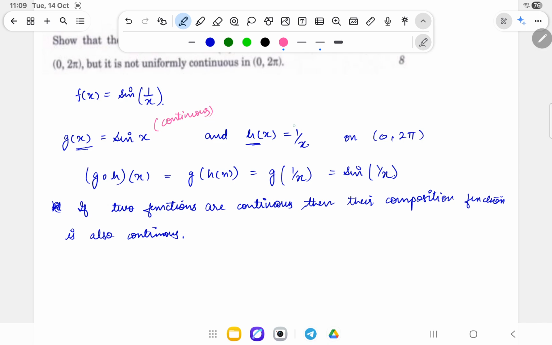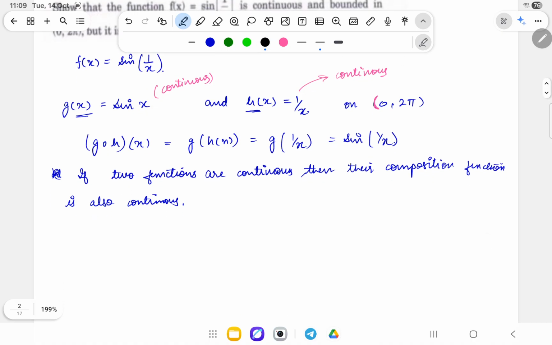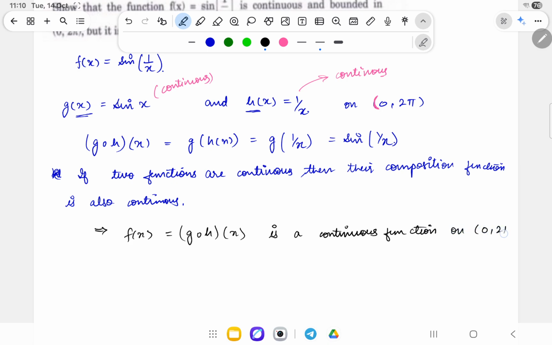Likewise, the only point of discontinuity of h(x) is the point 0, but we are considering the open interval (0, 2 pi), so this also has no point of discontinuity, so it is also continuous. And since the composition of two continuous functions is continuous, that gives me f(x), that is g of h(x), is a continuous function on the open interval (0, 2 pi).